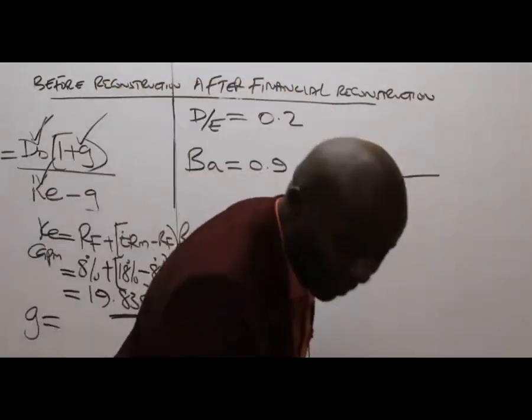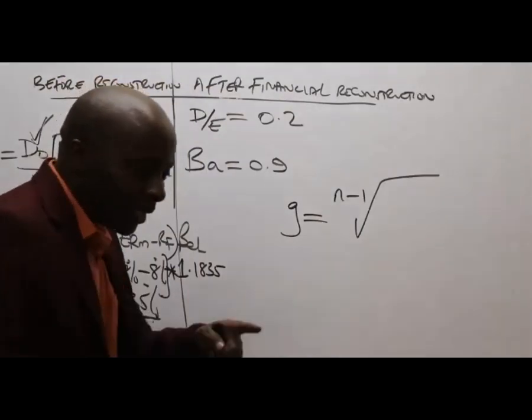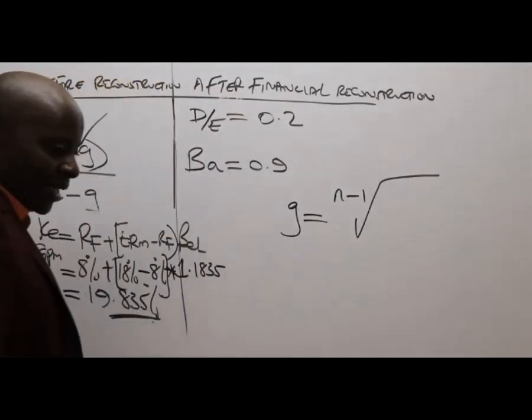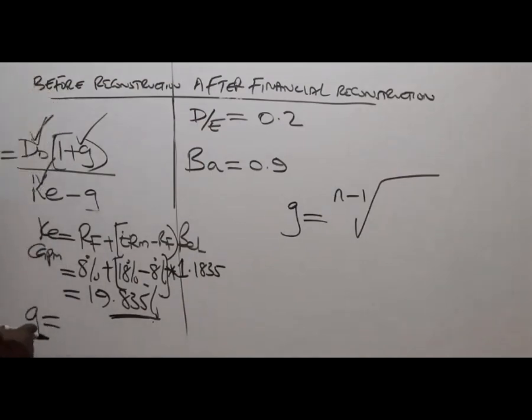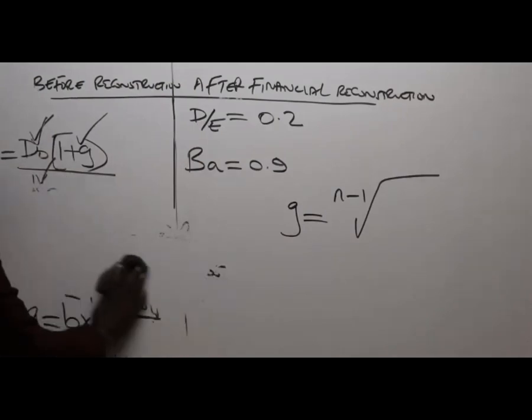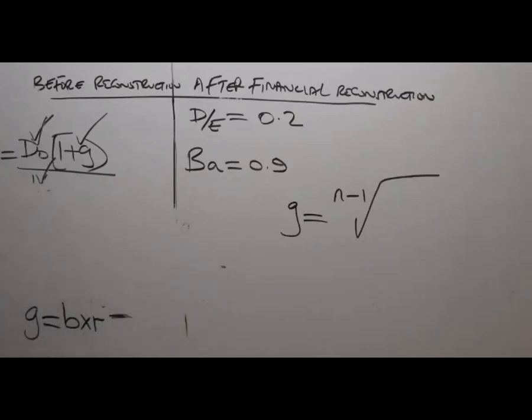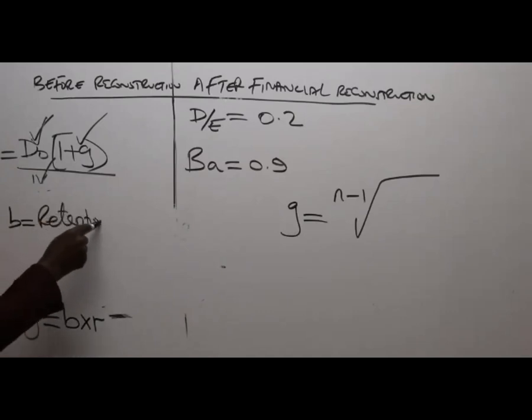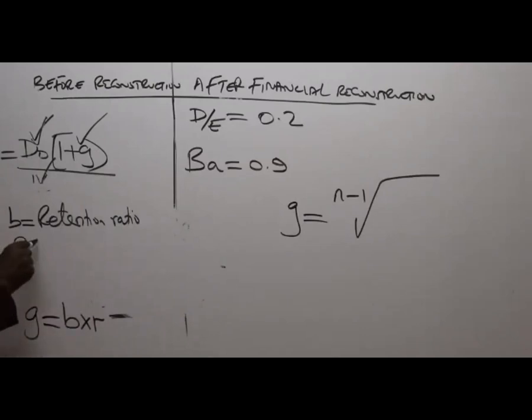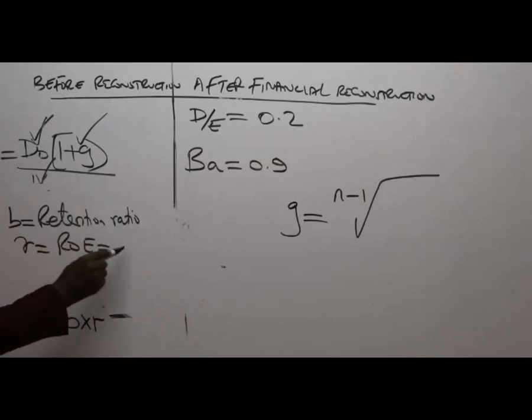The formula we shall use here is growth rate equals B times R, where B stands for the retention ratio and R stands for return on equity.